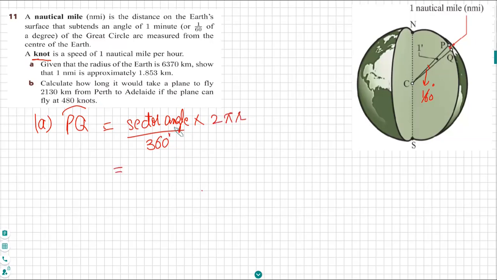The sector angle this time is 1 minute, which is 1/60 of a degree, over 360 degrees, multiplied by 2 pi r. r is 6370, and the answer must be in kilometers, so that's why I'm taking the radius in kilometers.